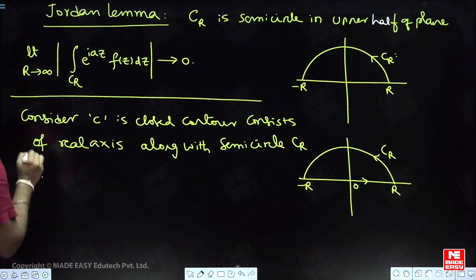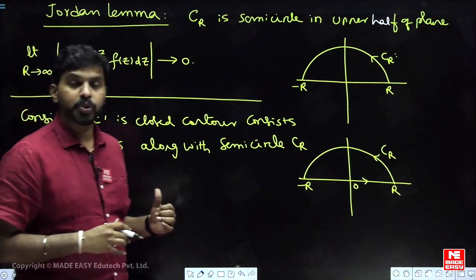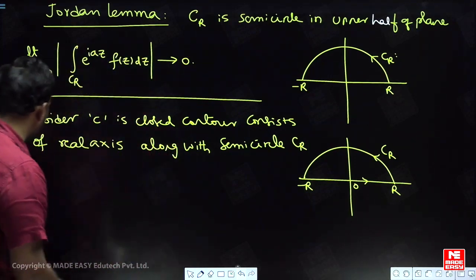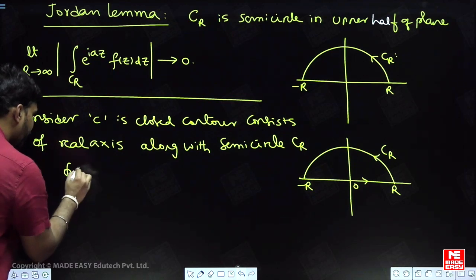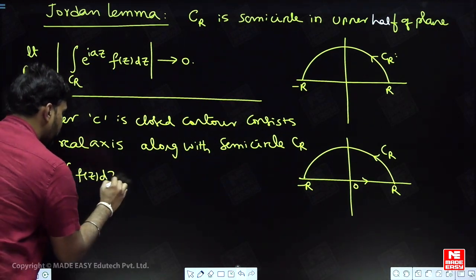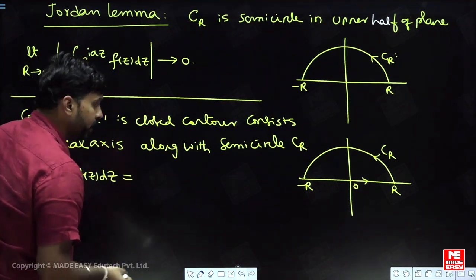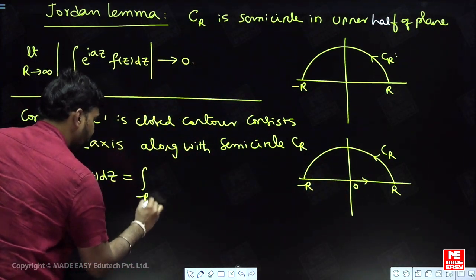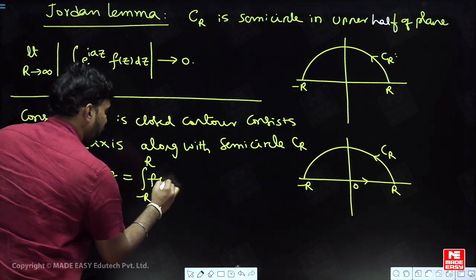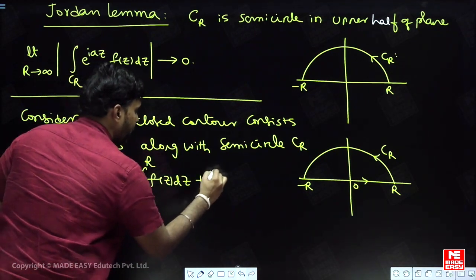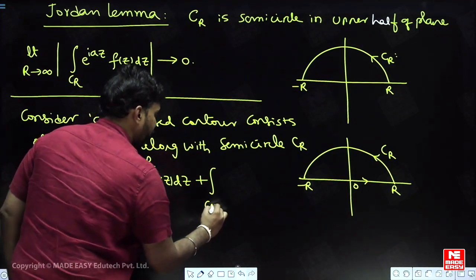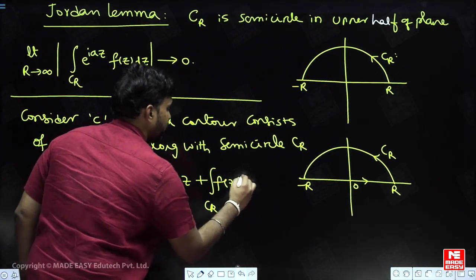So therefore, as the closed contour C is a multiply connected contour, the integral over C of f(z) dz is given by the integral along the real axis from minus r to r of f(z) dz plus the integral along the semicircle of f(z) dz.